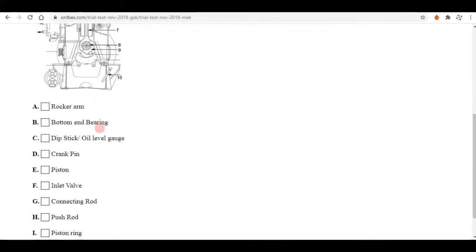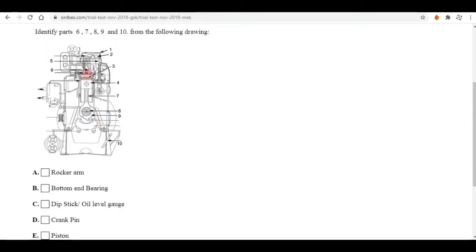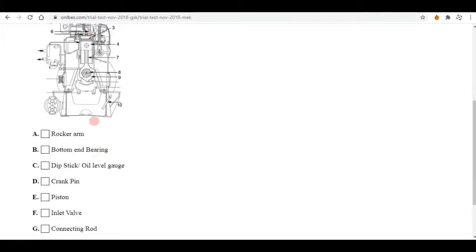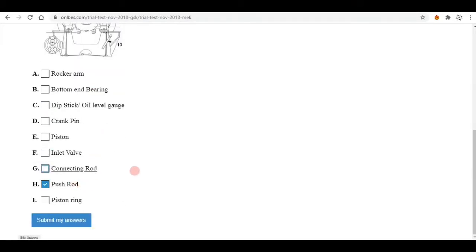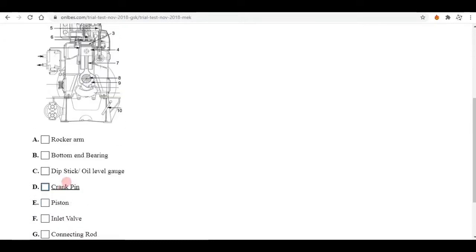The sixth one, I guess it's on the top of the piston, so I guess a push rod. No, it can't be a push rod. Let me see in my book.